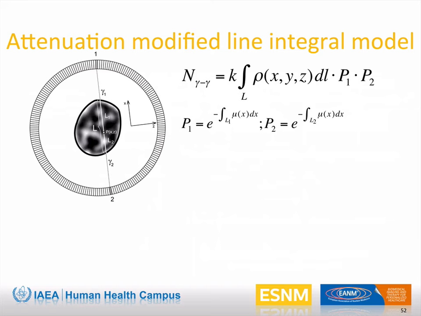Formally, the line integral introduced in part 1 of this webinar should be modified as a consequence of the gamma ray attenuation along a line of response.